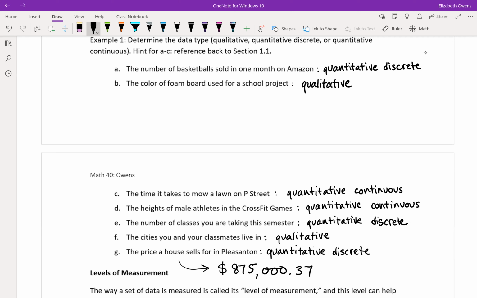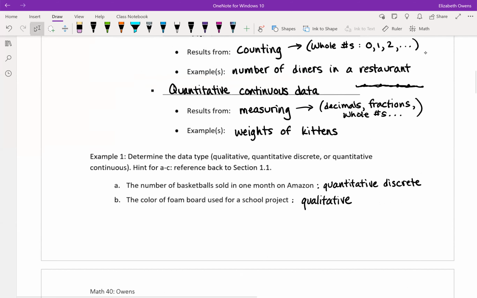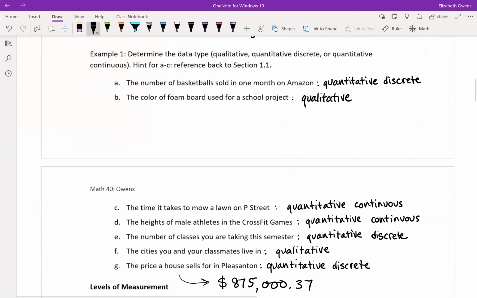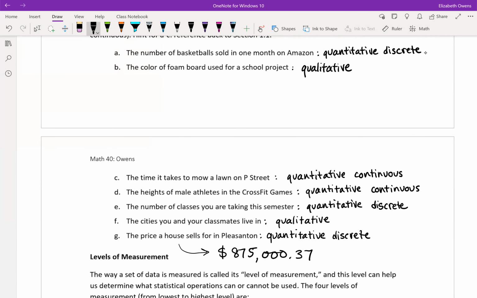If that's the amount you actually paid, then okay, that is a decimal, but we still wouldn't be measuring this out on a continuous scale. When we break it down, there's still a discrete number of pennies involved there. We wouldn't go any further with that decimal. You can't say $875,000.3712 or something like that. That doesn't apply in that case. So at this level, we would have a quantitative discrete data set.